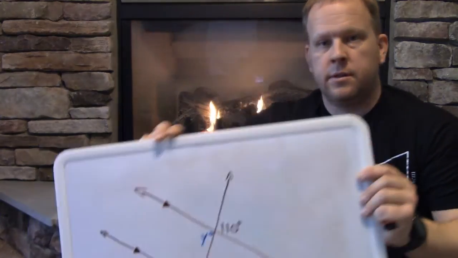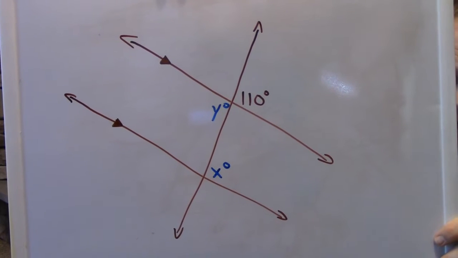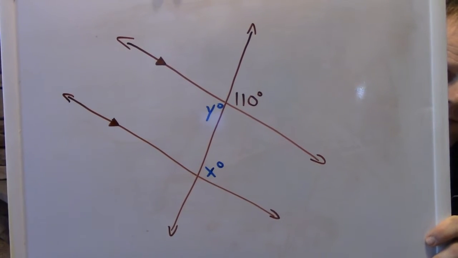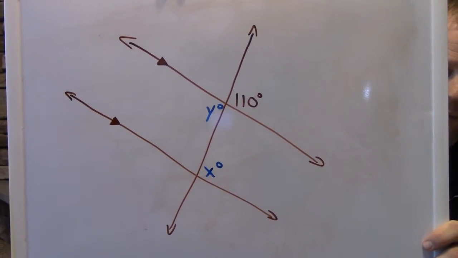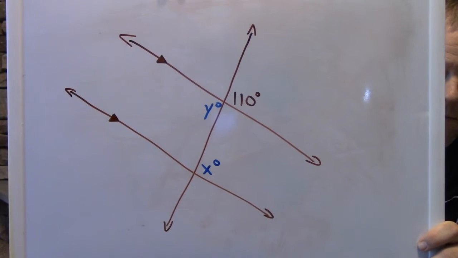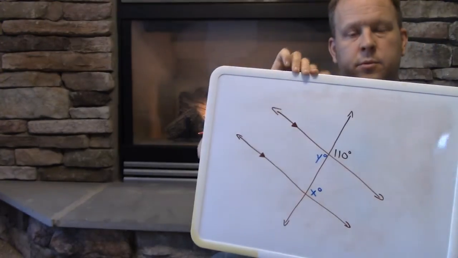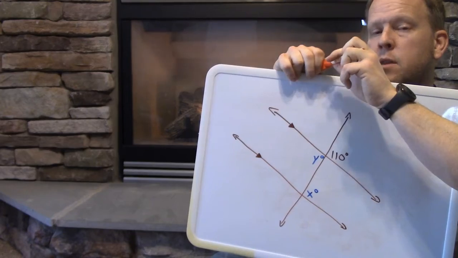Now let's look at the last two problems on the bottom of the page. The first one, the sketch, looks like this. Find the values of x and y. To do this, we're going to use the angle pair relationships that we already know and move from there. For example, see where the 110 degrees is?